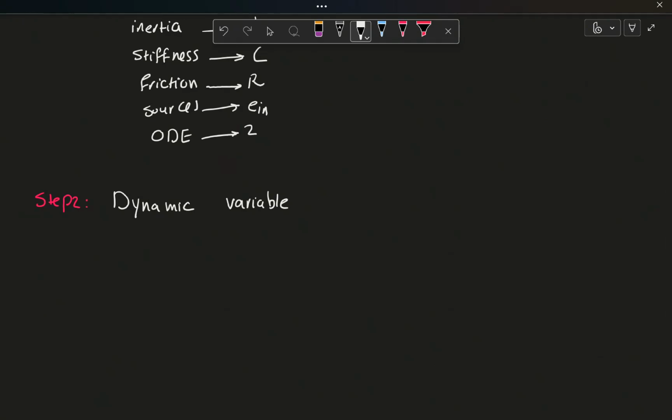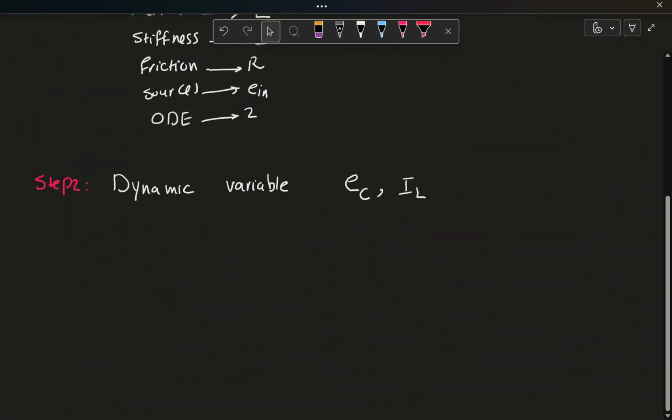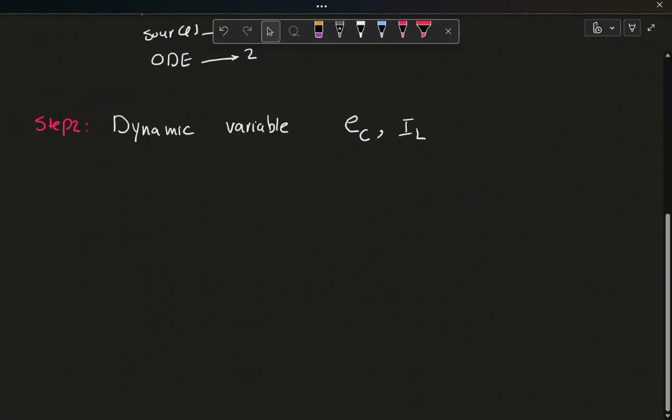Now, because I have a capacitor here, the voltage across that capacitor is going to be my first dynamic variable, and the current through the inductor is going to be my second dynamic variable. And you guys notice that since R, L, and C elements are hooked up in series, the same current that passes through the inductor passes through the resistor and the capacitor. With that in mind, let's go to step 3.